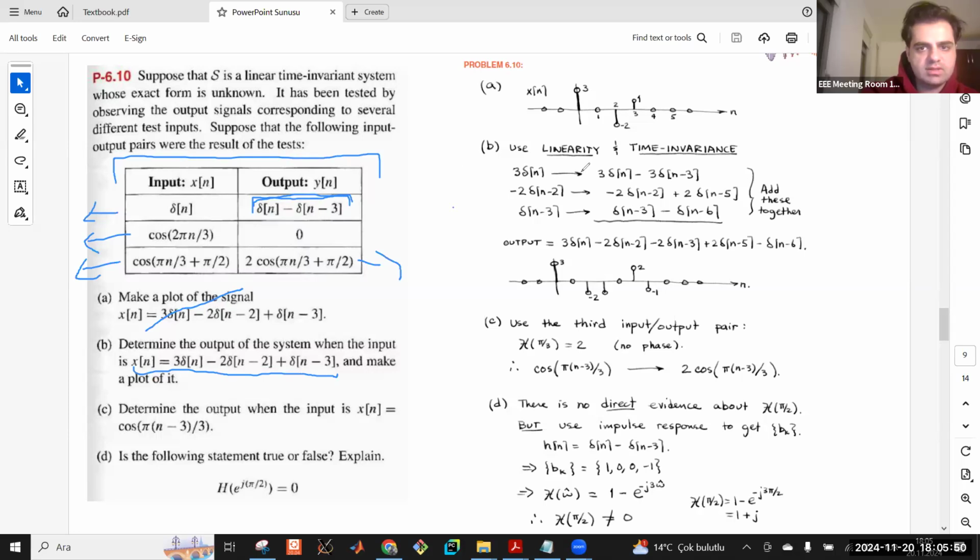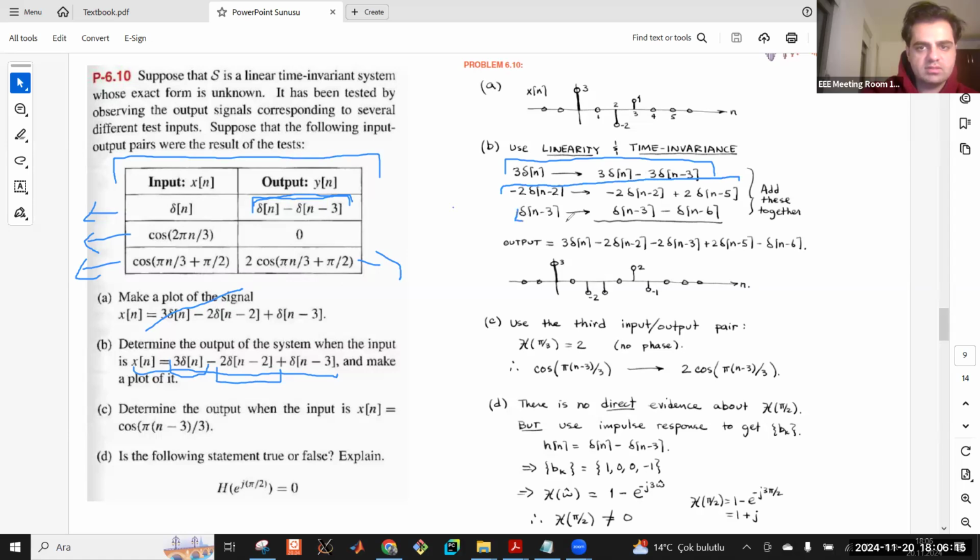The impulse response is delta n minus 3. So response for this input will be 3 times of the impulse response. Response of this component will be minus 2 times shifted version of the impulse response by 2.